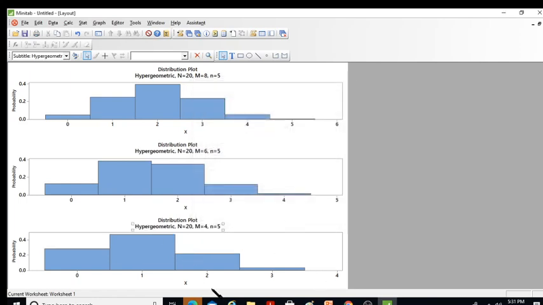Then we can see that for different values, 4 it is different, 6 it is different, 8 it is different. So there would be a different distribution once you change that parameter, because the hypergeometric distribution is a 3 parameter distribution. I have kept these two fixed and varied this parameter in different graphs, and the same graphs can be plotted like that. So this is how we can use this layout tool.